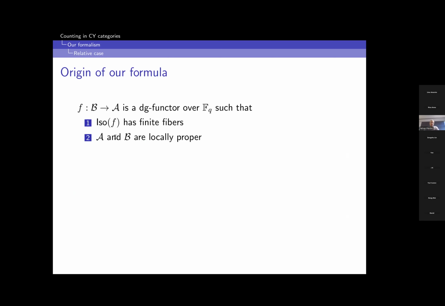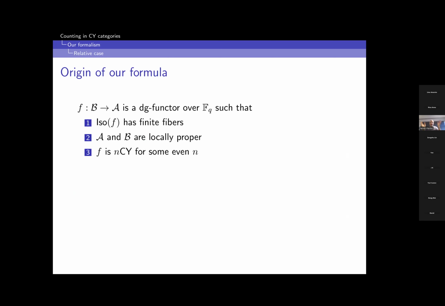We need the induced map on isomorphism classes to have finite fibers. We need A and B to be, assume first that we're only locally proper. We will eventually generalize to the case where A and B are only degree-wise finite. But for now, assume that they are locally proper, so that there's only finitely many degrees where their Ext groups are non-zero. And assume that this f is a Calabi-Yau functor for some even dimension.